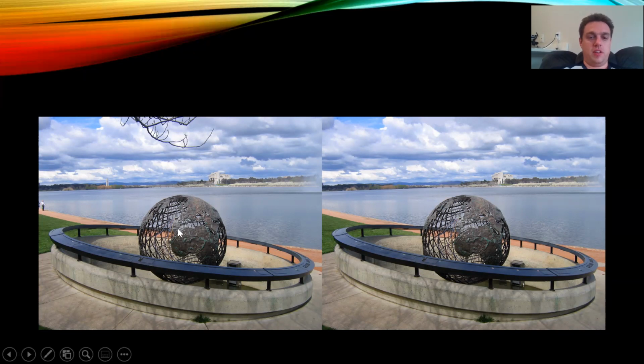So you might fixate on this globe here and look at it from picture to picture. Okay, that didn't change. How about the water, did that change? This building, did that change? And you keep fixating on objects until you find the one that changes or the several that change, right?